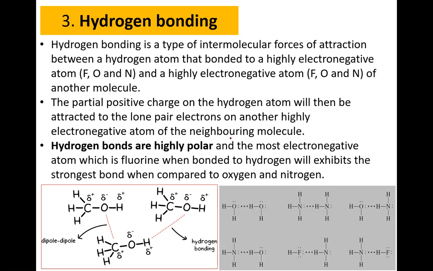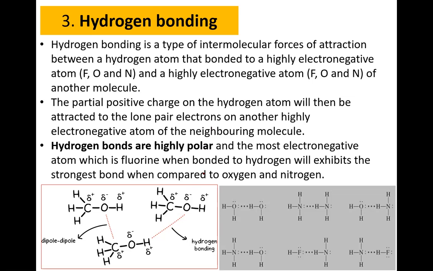The partial positive charge on the hydrogen atom will be attracted to the lone pair electrons on another highly electronegative atom of the neighboring molecule. So hydrogen bonds are highly polar, and the most electronegative atom, fluorine, when bonded to hydrogen will exhibit the strongest bond compared to oxygen and nitrogen.